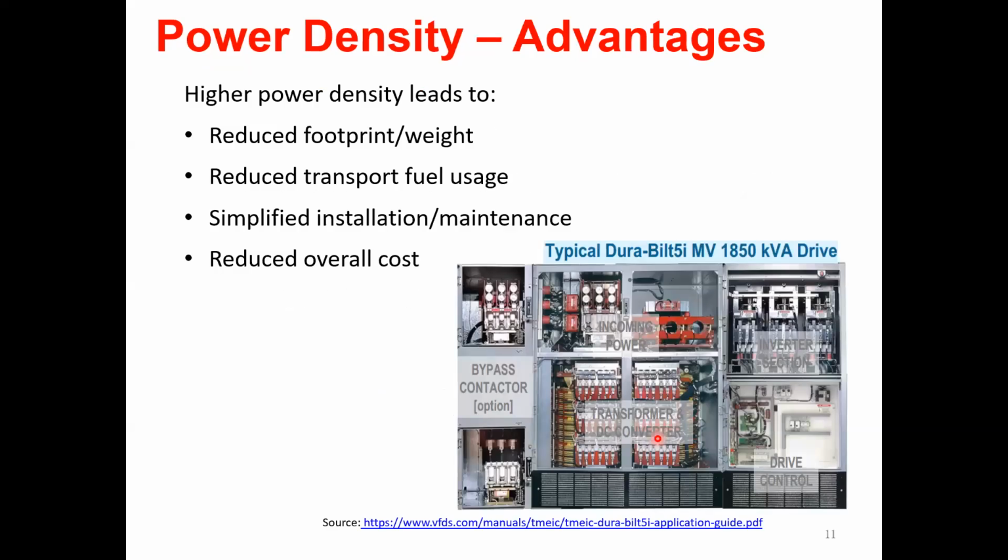Now, what are all the advantages of power density? We talked very briefly about that. If you just take a look at this, it is a drive. Of course, it can be used in several applications, but this is a typical drive. You see this transformer. Obviously it occupies the most volume among all the other components, right?